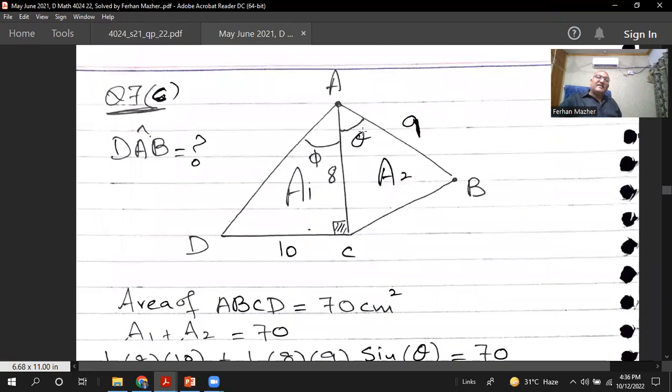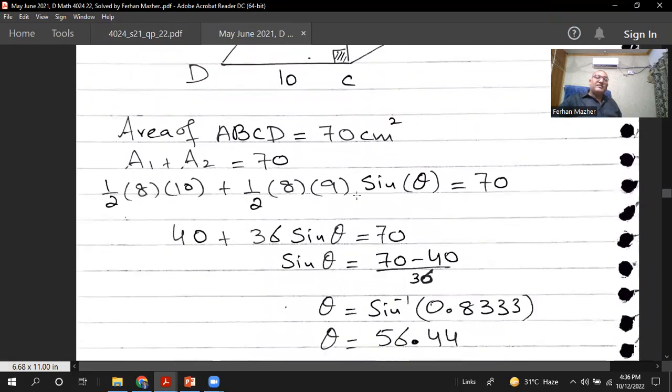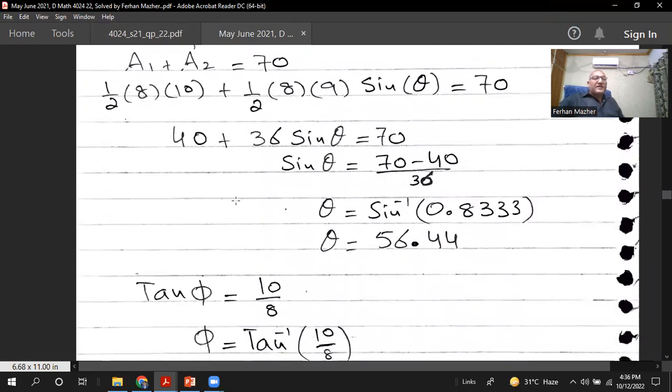Suppose this angle is theta, this angle is phi. So it will be 40 plus 36 sine theta equals 70. So sine theta will be 70 minus 40, the whole thing divided by 36. So theta will be sine inverse of 0.83333. So theta will be 56.44.